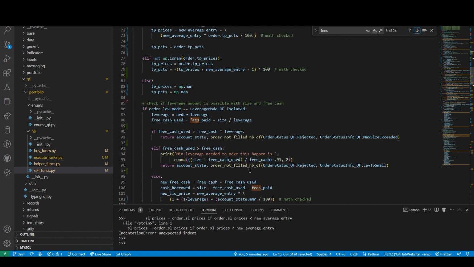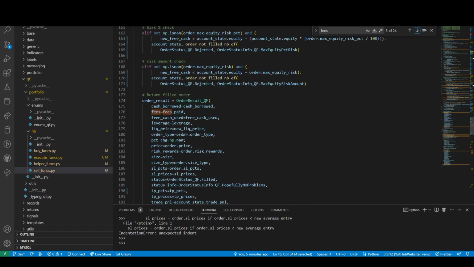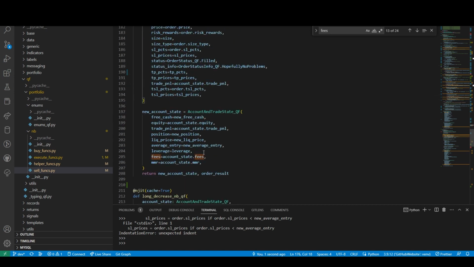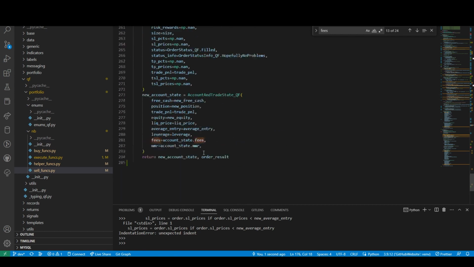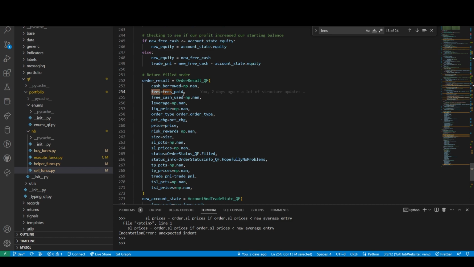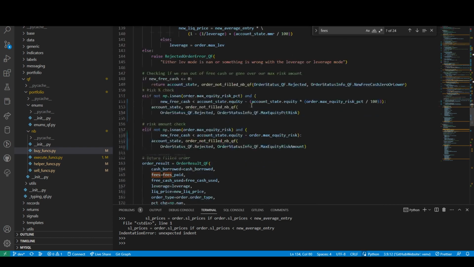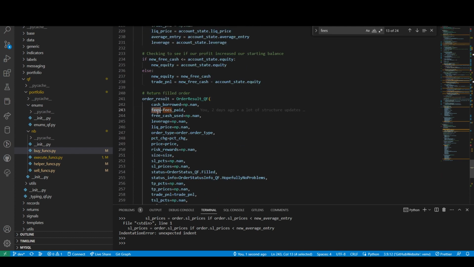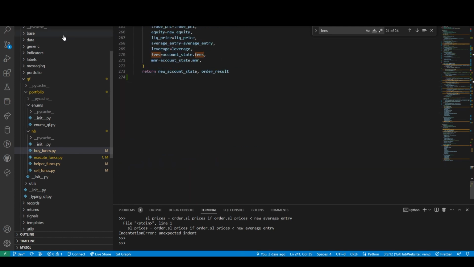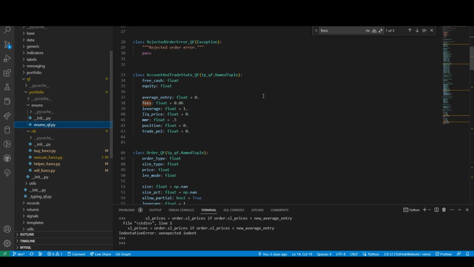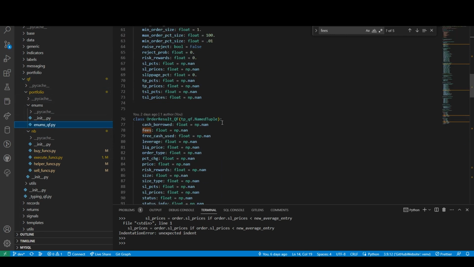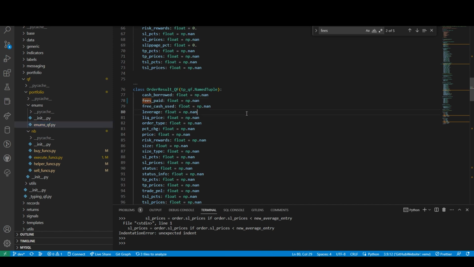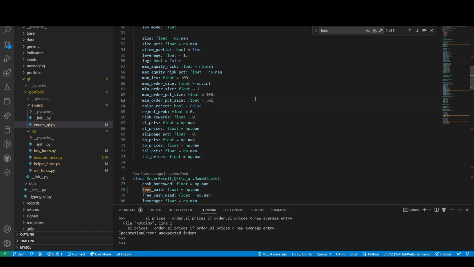I think I just need to go to the order result. That's it, really. Fees paid, fees paid. And I just need to go to the order result here. Fees paid. Same thing here. Fees paid. And then I need to go to the enums and do the order result as fees paid. There you go.